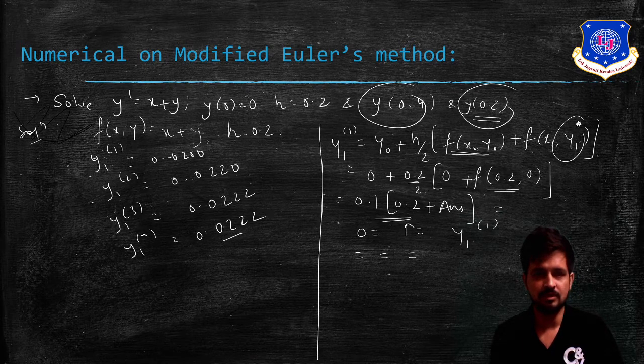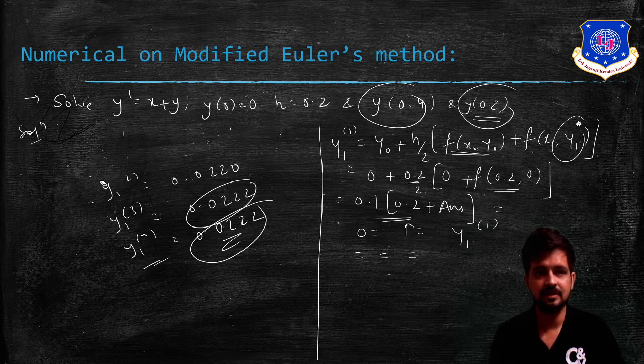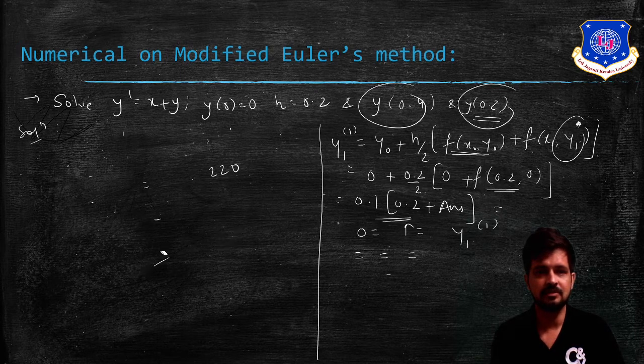That means the two consecutive values are the same, so we can say our y1 is 0.0222. Now using this x1 and y1, we have to find y2. This is our final answer for y1.